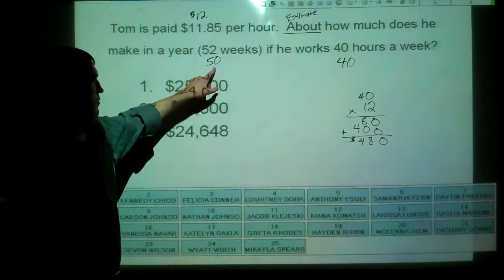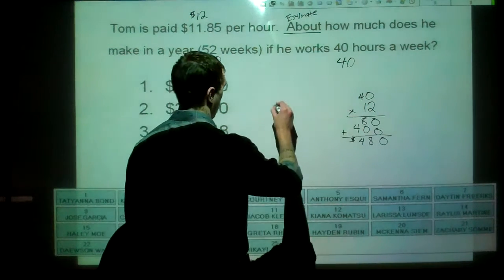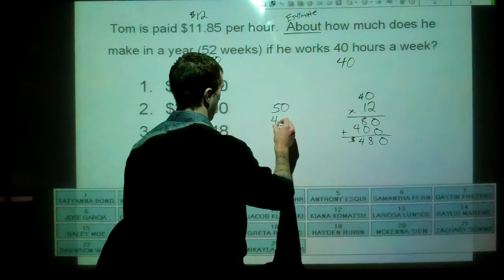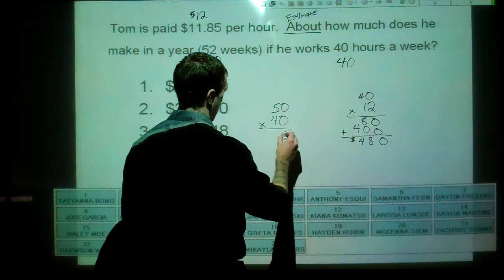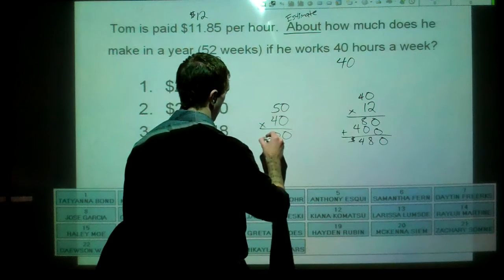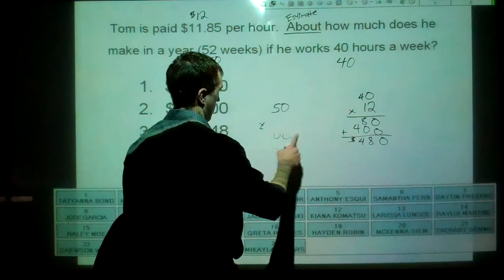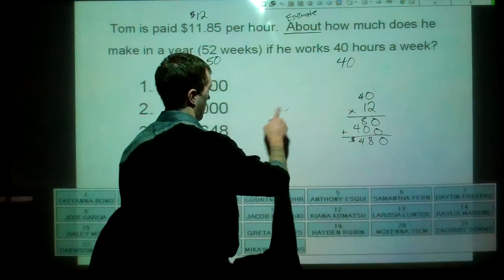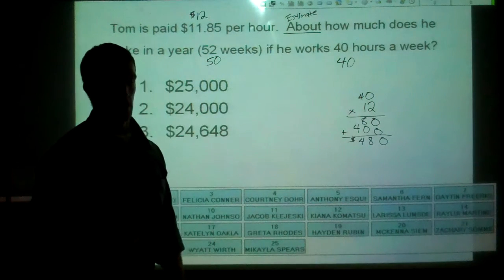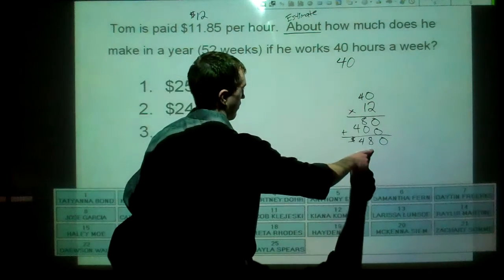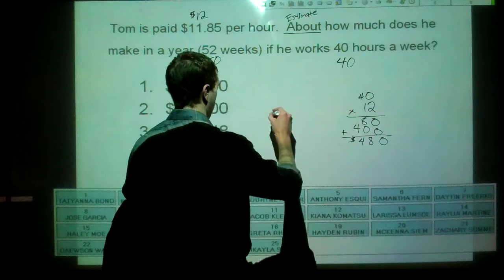And there are about 50 weeks in a year. So we're going to do 50 times 40. Wait, not 40. Had a little lapse there. So 480 times 50. Sorry.